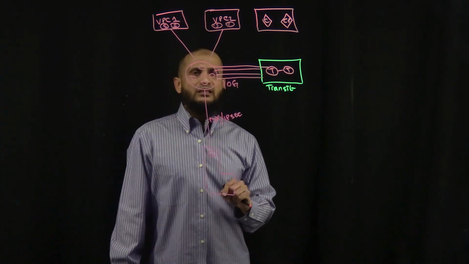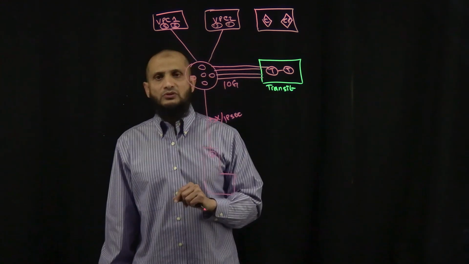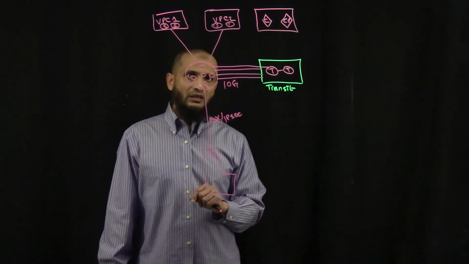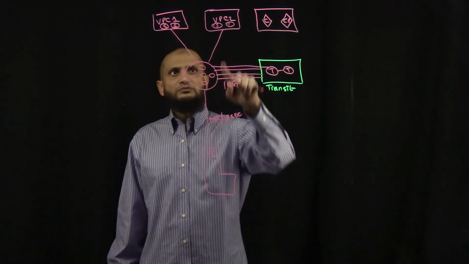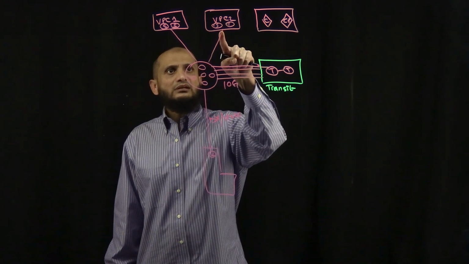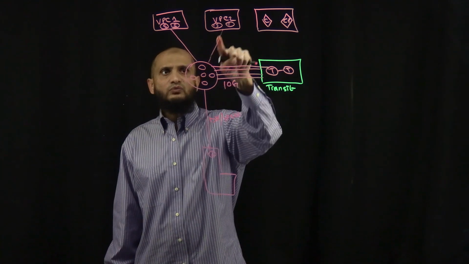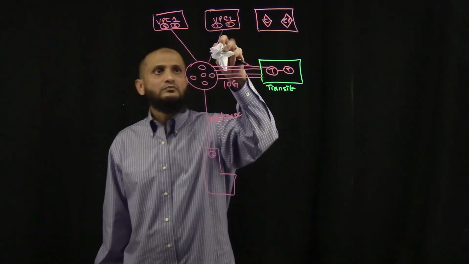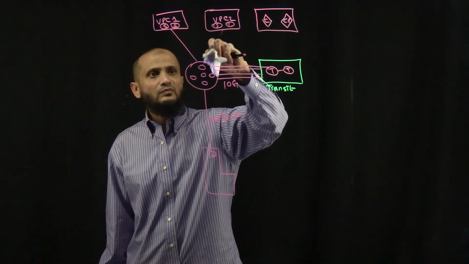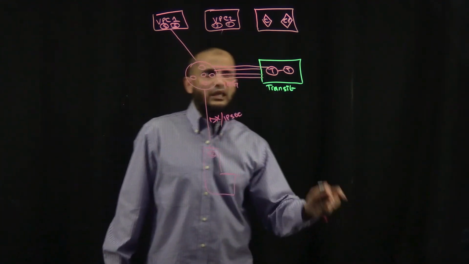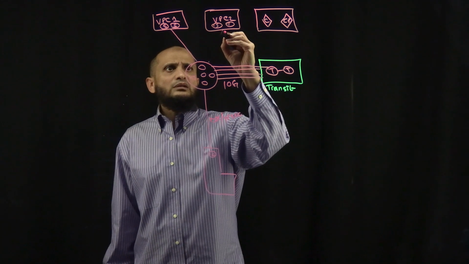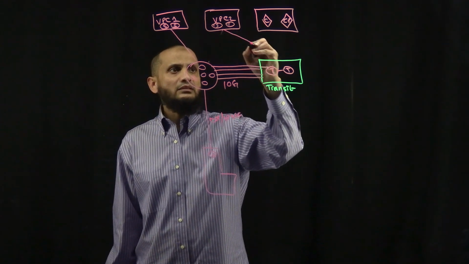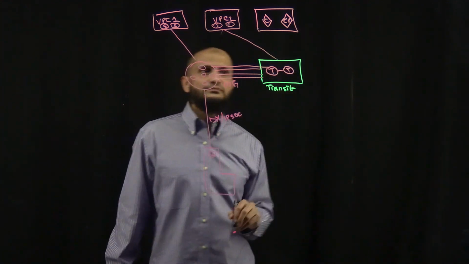Okay, now at this point, you are ready to migrate VPC2 along with its application. You just need to remove this connection, which is the attachment, and then create a connection between the spoke and the transit like this.